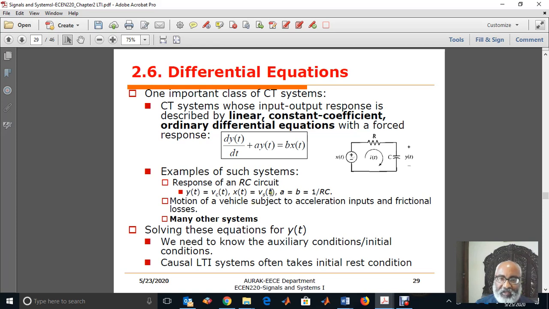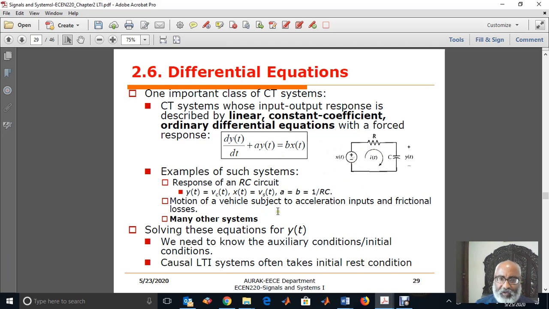x(t) is Vs(t), the input voltage, and a is equal to b is equal to 1 over RC. So this is one example of a differential equation for an electric circuit application.